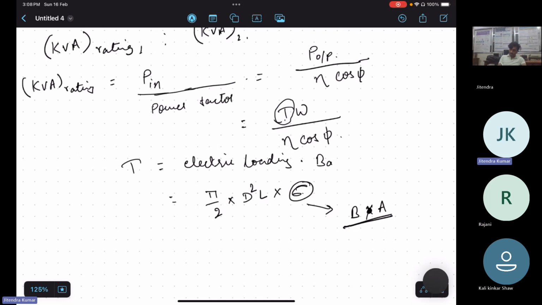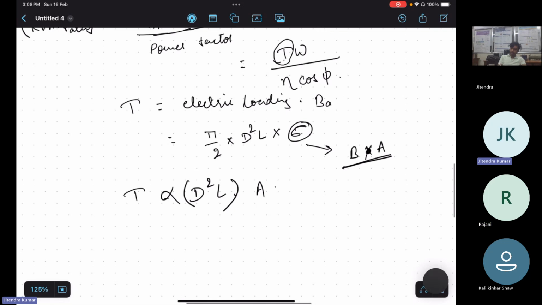So what I am referring to here is that torque is already proportional to D square L along with electric loading, A. And A is directly proportional to current, and current is directly proportional to current density, which is delta or J, right?